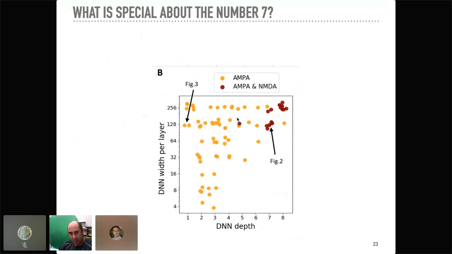Sometimes you can even do a good job with 5 layers, but in general you need many more layers than if you have only AMPA synapses. And of course, if you have AMPA synapses and you use 7 layers, then you get a very good fit as well.